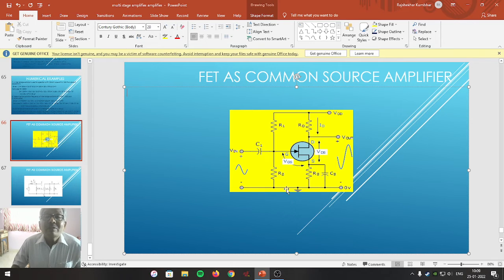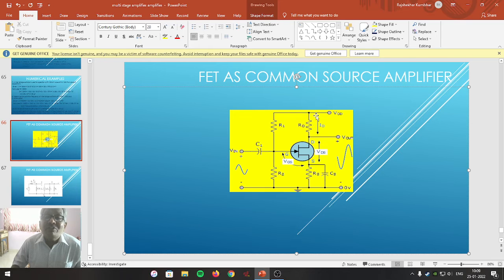When a small signal to be amplified is applied as Vin or Vi, that produces a change in gate to source voltage. This produces a change in drain current. Thus, change in gate to source voltage produces change in drain current.